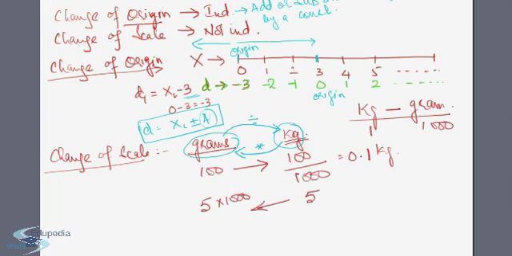So change of scale means to multiply or divide all the values of a variable by a constant.